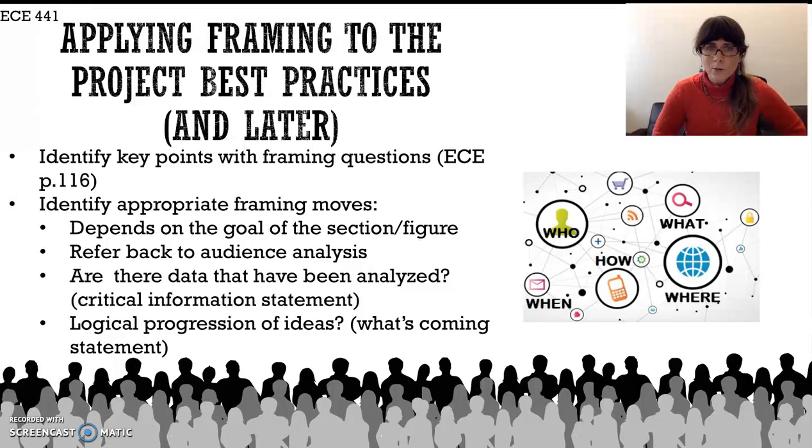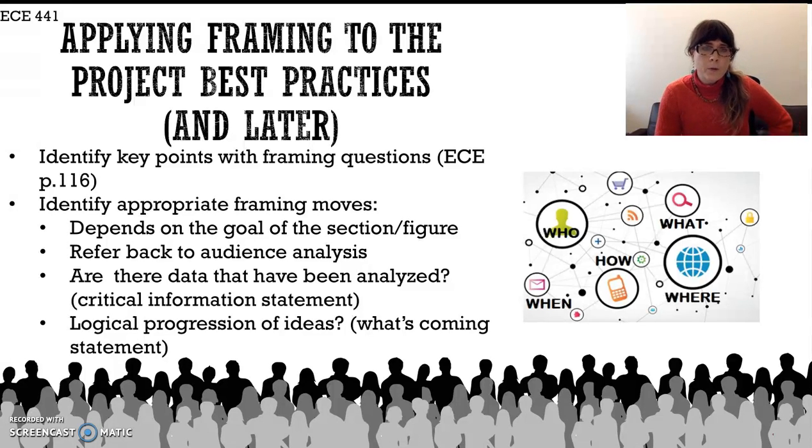Some of those include identifying the main idea. What's the main idea of this document? That'll help you contextualize. What's the purpose of the document? Who's the audience? Who's going to be reading it? And then more information about your audience. So these are topics that we've discussed before, but you need to think about them in terms of the context that you might want to add in your document and make decisions that are intentional about that.